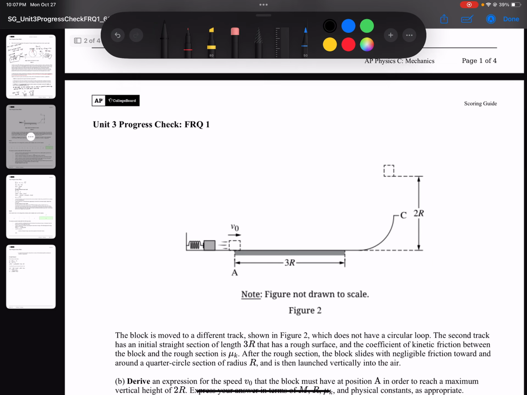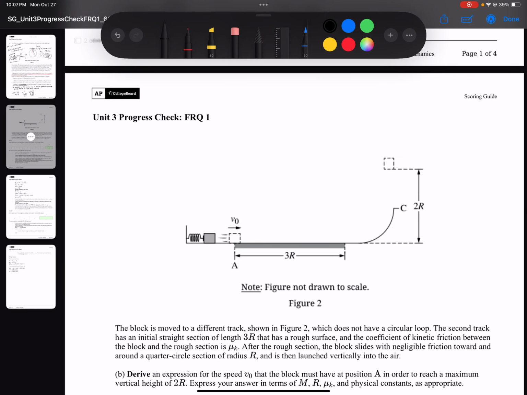So here I have some initial kinetic energy, 1/2 m v naught squared, at position A. Then here, where there's friction, I'm going to lose energy. Friction does negative work.